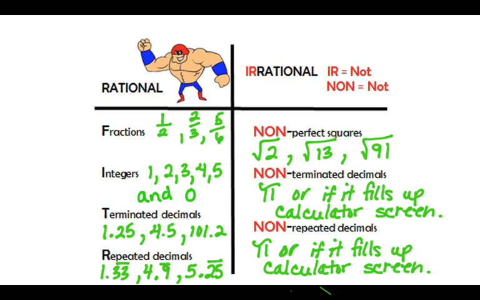But these last two things, non-terminating and non-repeating, go hand in hand. So if it fills your entire calculator screen and there are no repeating patterns of any sort, then that would be an irrational number. Pi is a really good example of that, because pi goes on forever and pi also doesn't repeat.